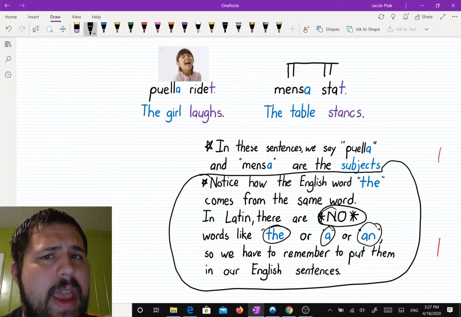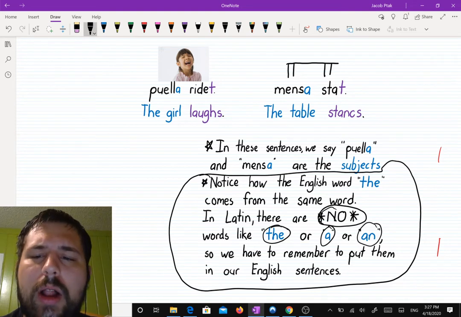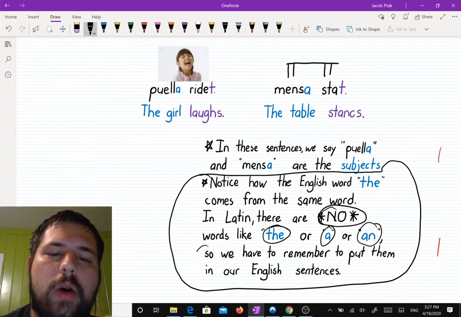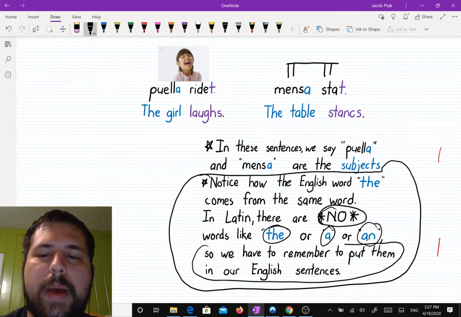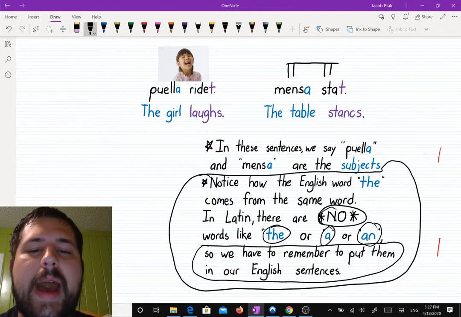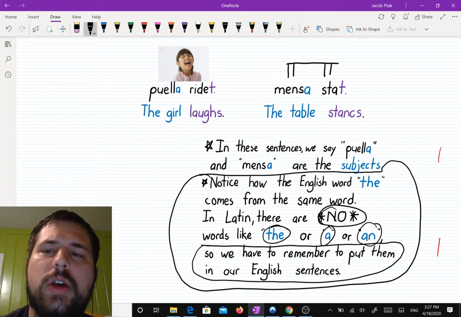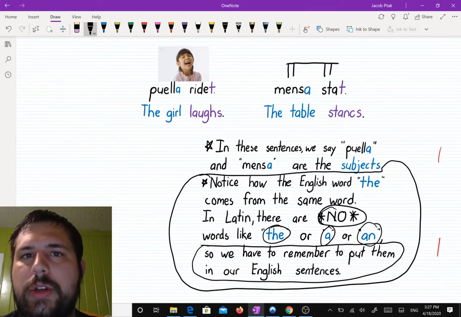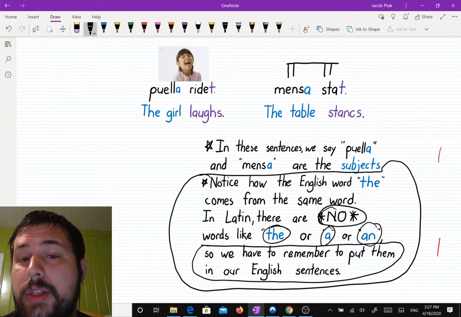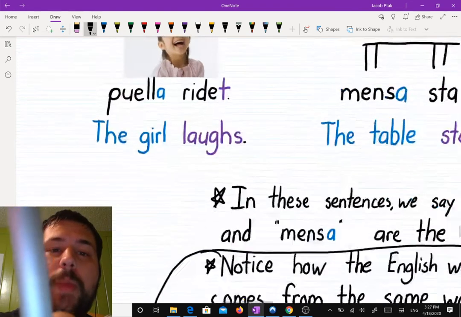There aren't any, none at all. So we have to remember to put them back in our English sentences. So if I'm going a little bit too fast for you, you can pause and just take notes from the screen. I'm going to zoom in on this now.